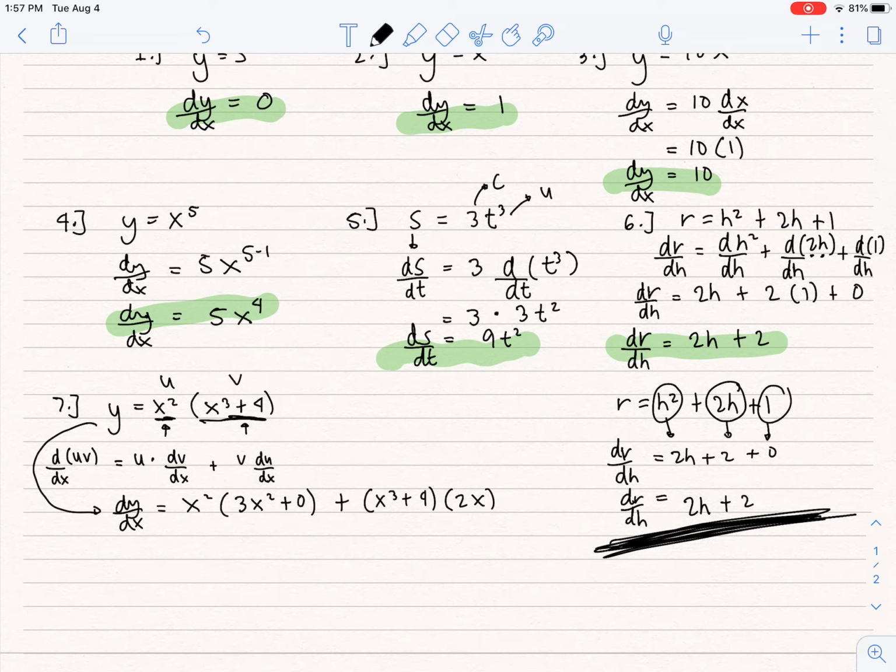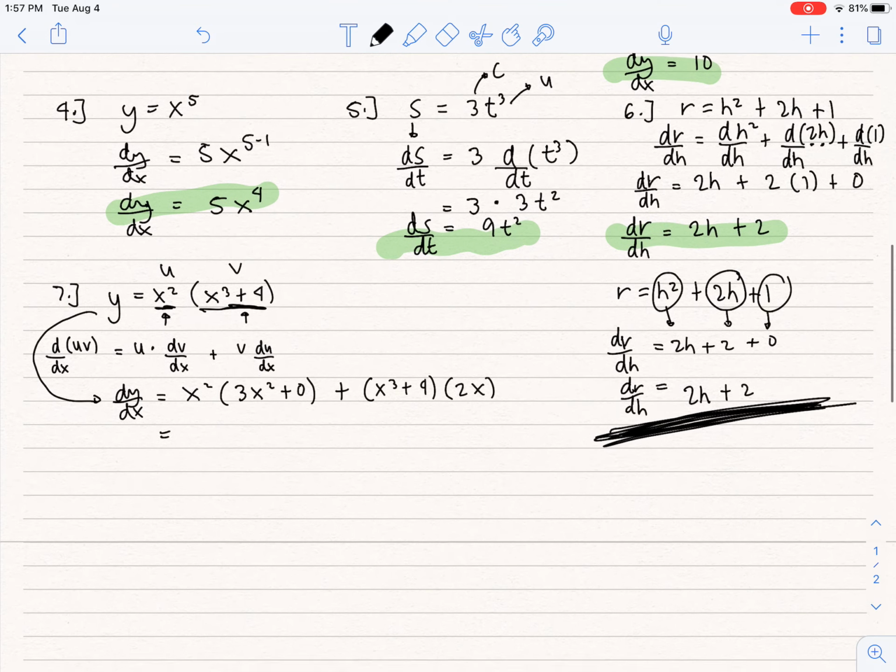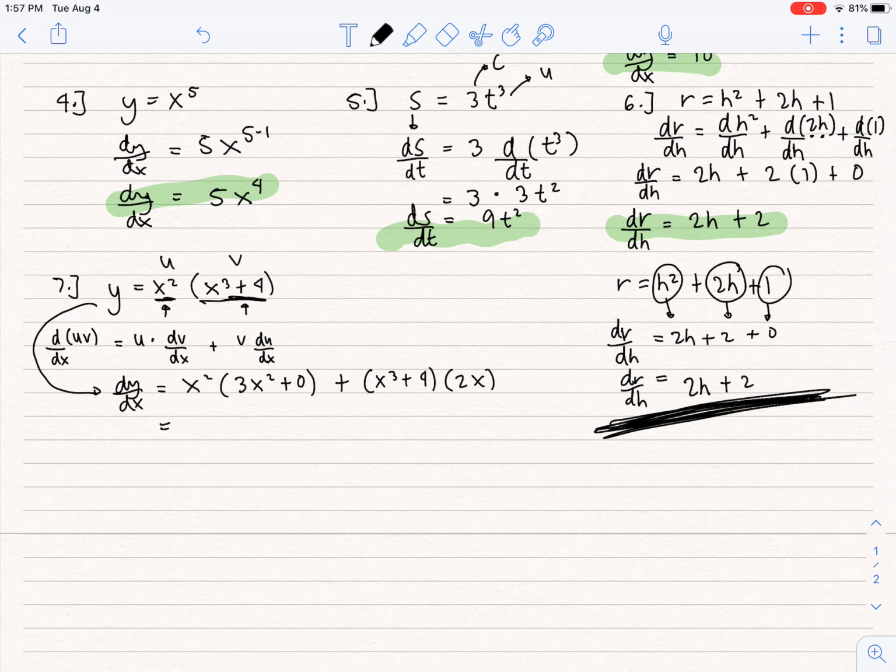Next thing to do is simplify the answer. It's just x squared multiplied by 3x squared plus distribute 2x. It's just 2x raised to 4 plus 8x. Then this one distribute.